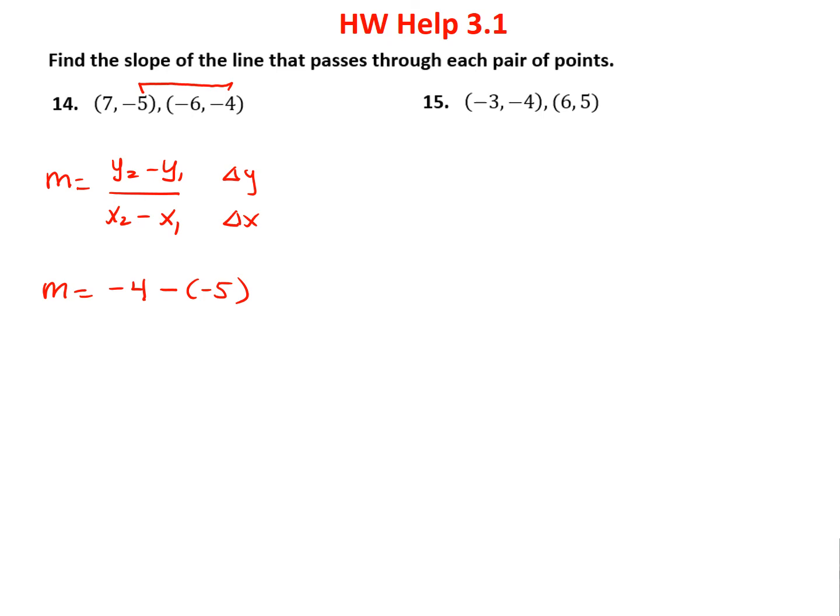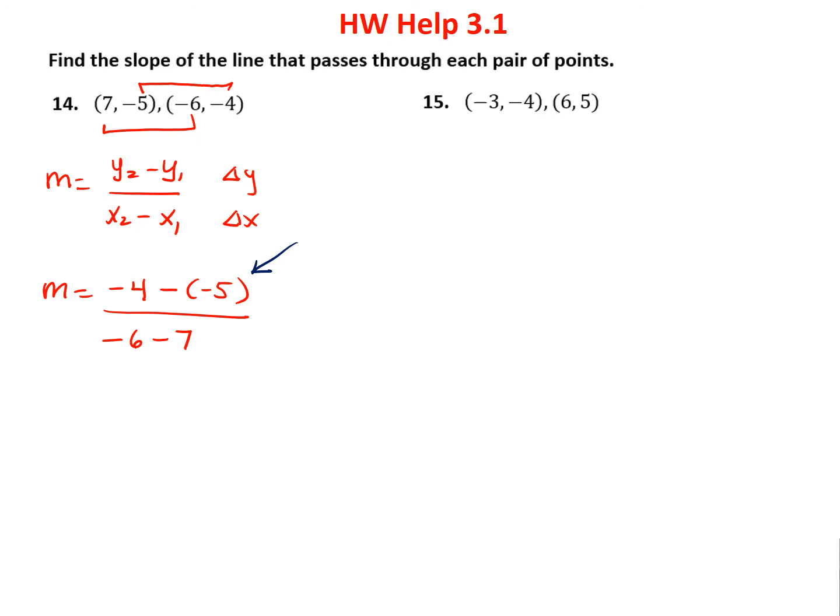Do not get confused here. Sometimes people see the minus 5 and they'll lose one of those. I am subtracting negative 5. Okay? And on the other side, I have minus 6 minus 7. Now this right here is the number one mistake that's going to be made by some students doing slope.